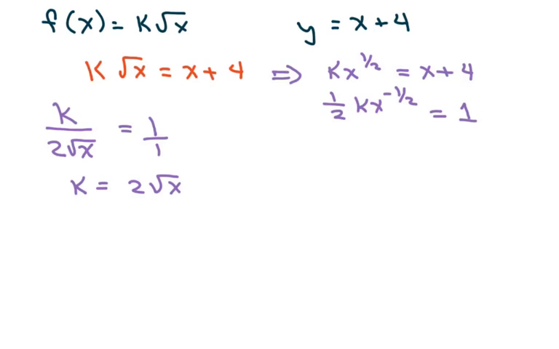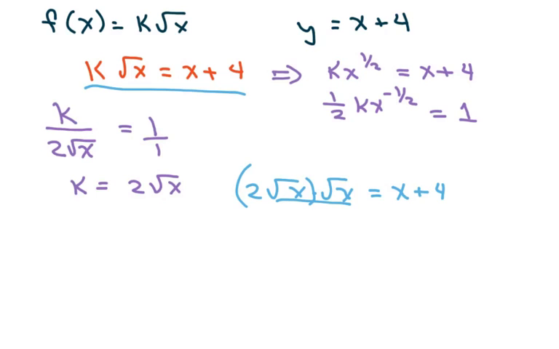Now we're going to go ahead and substitute it back in here. So k is 2 square root of x times the square root of x equals x plus 4. And this is going to be 2x equals x plus 4.